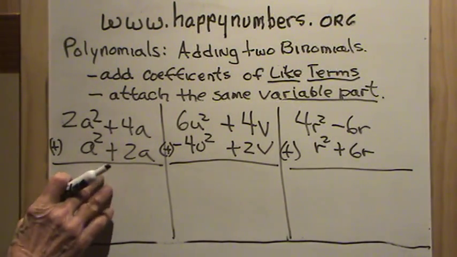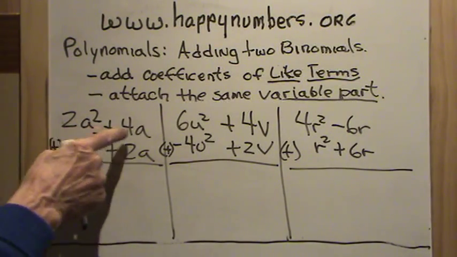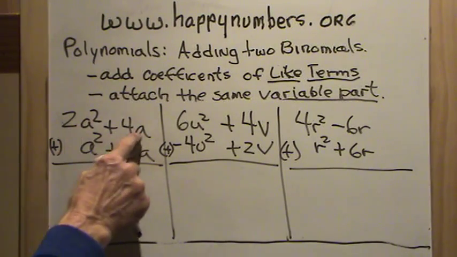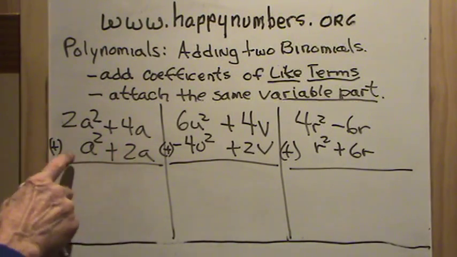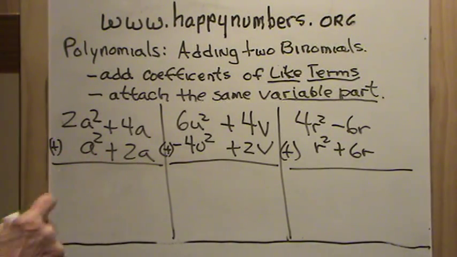Okay, we have the binomial 2a squared plus 4a. And we have variables in both expressions, which is fine, and we have the binomial a squared plus 2a. And again, we have variables in both terms, which is fine.